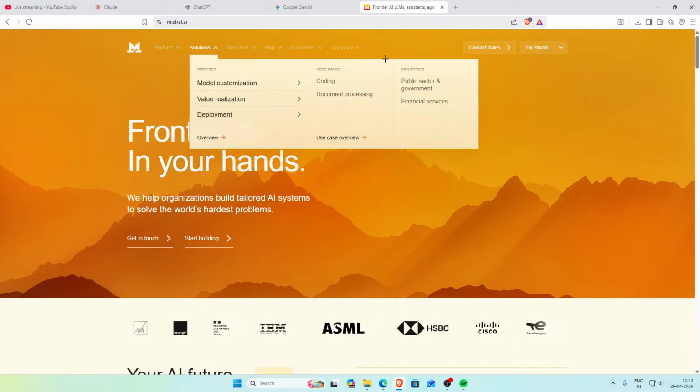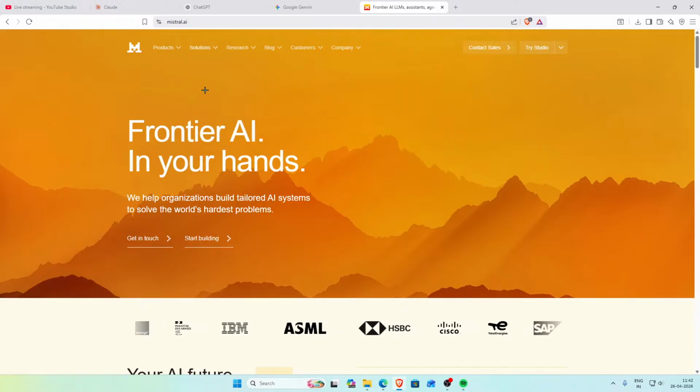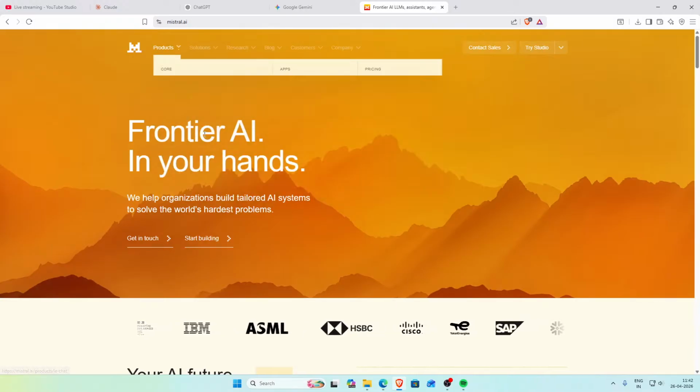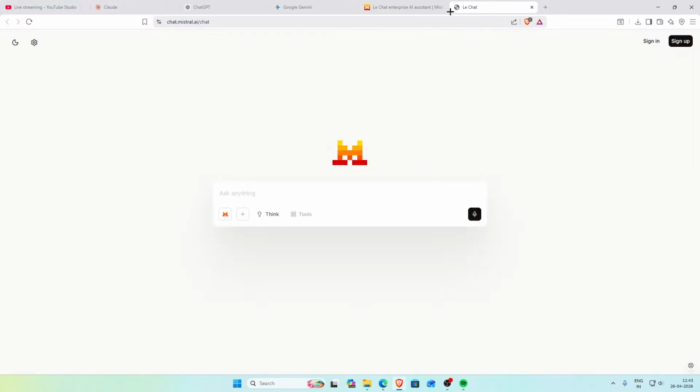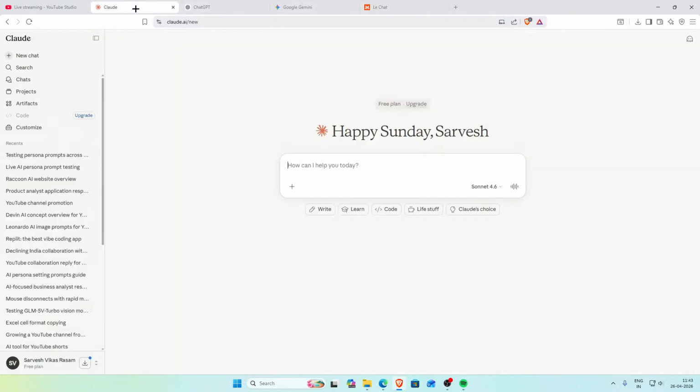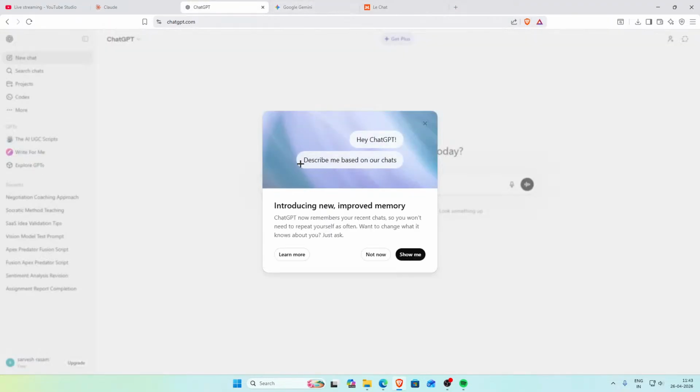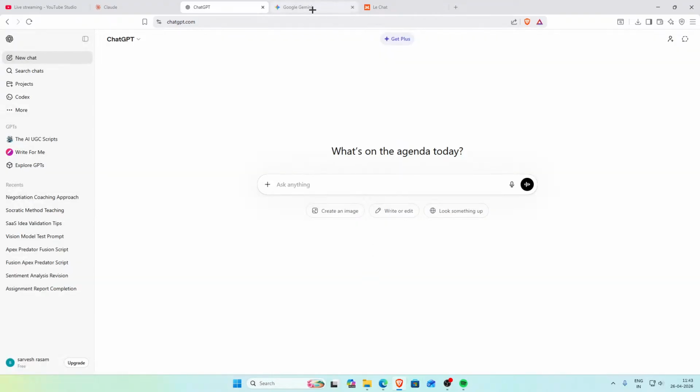Let's go with Le Chat. So I've opened up four of these chatbot AI models, and here I'll give persona prompts on every single one and test out what it gives out.